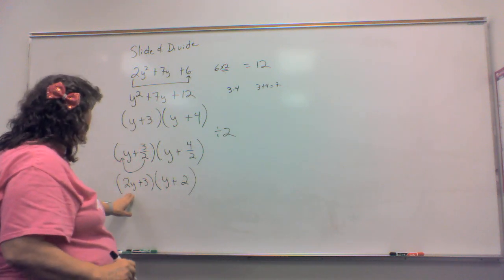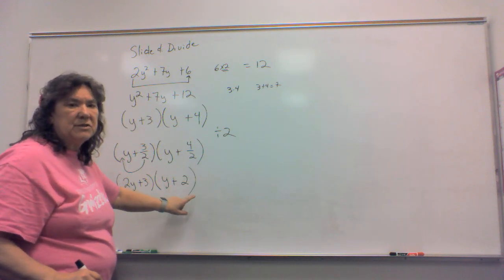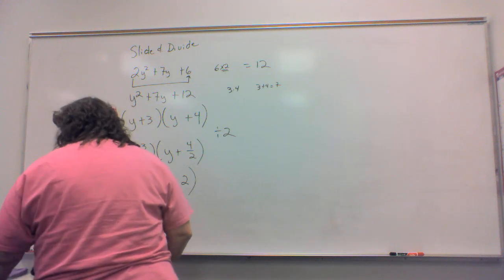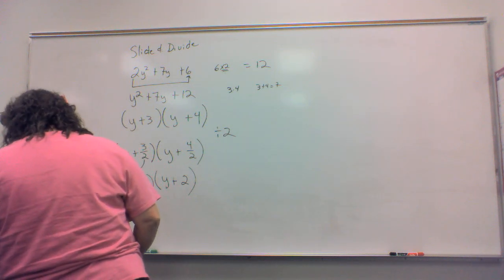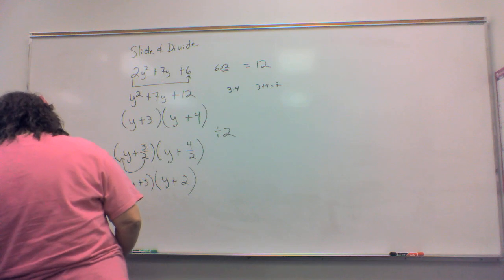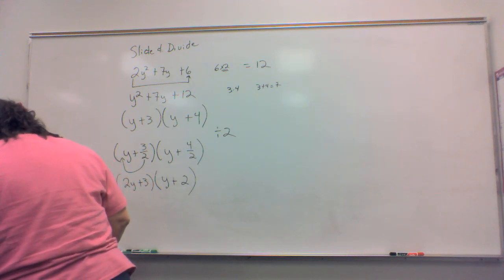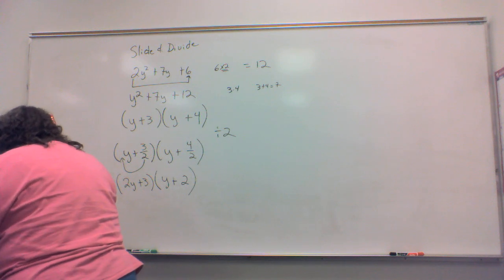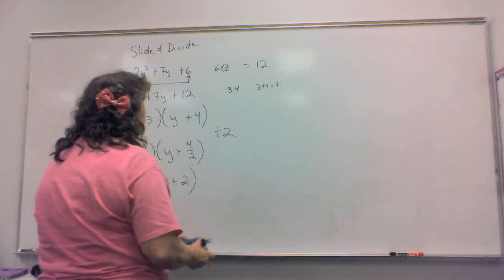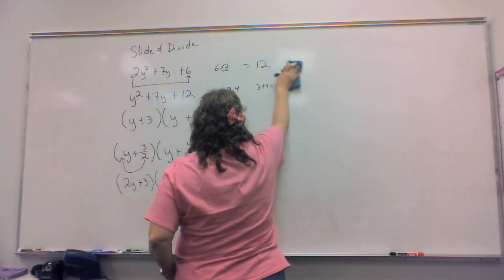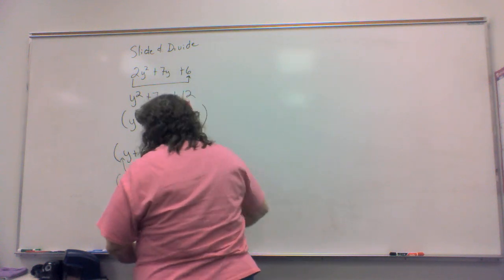And that gives you 2y plus 3 times y plus 2. Exactly what we got the first time. Okay? Let's look at another one. This is a different problem. So let's look at this problem.